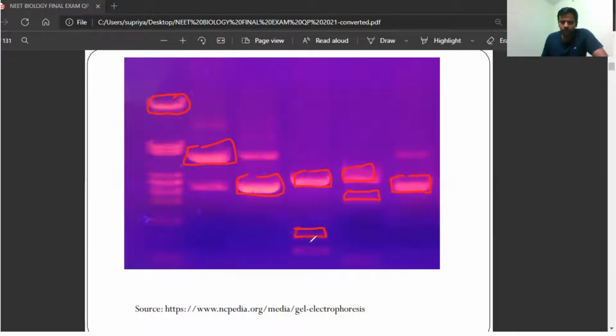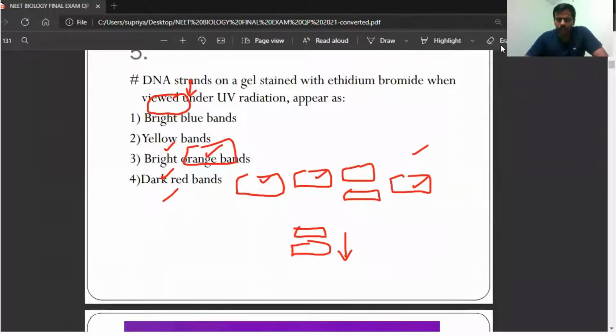All are DNA bands. As you know, when we run the DNA on the gel, lower molecular weight fragments will move far away, and the higher molecular weight DNA fragments will move very slowly, near to the well. See here, all these appear as orange bands when stained with ethidium bromide, EtBr.